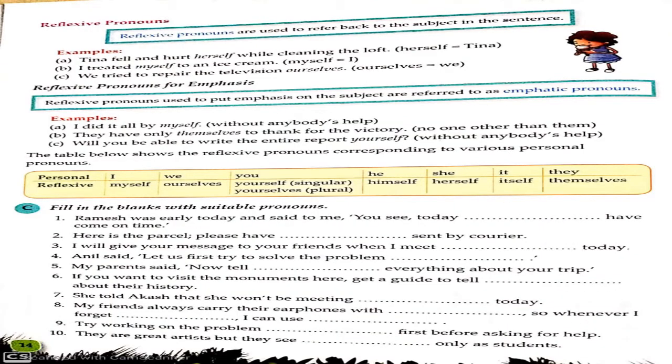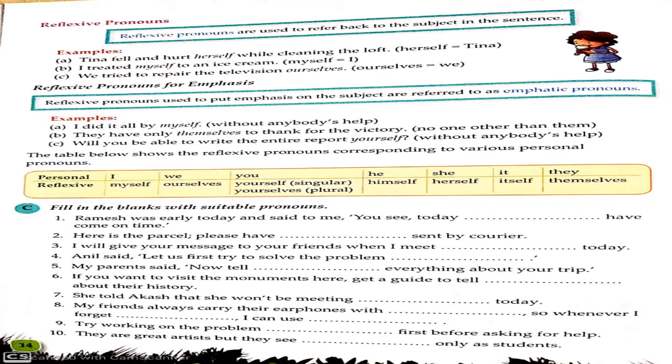Now we will see our next pronoun, that is reflexive pronoun. Reflexive pronouns are used to refer back to the subject in the sentence. Let us understand through an example. For example, Tina fell and hurt herself while cleaning the loft.